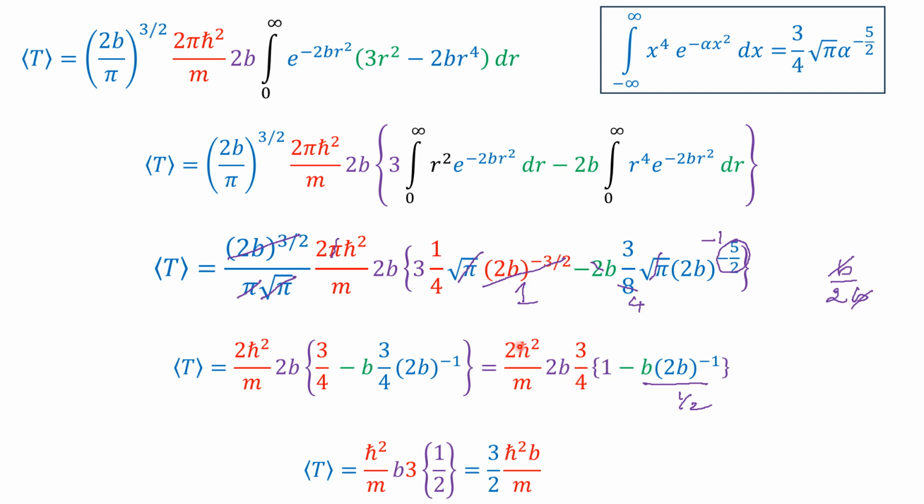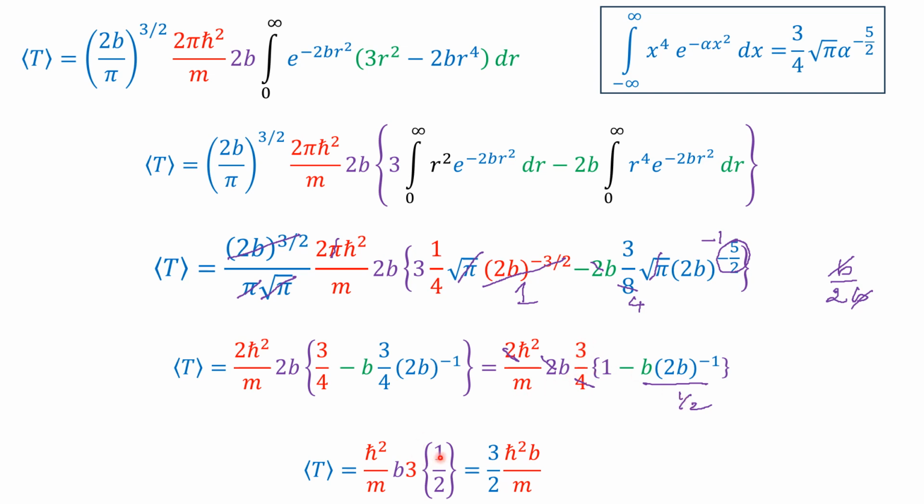So similarly, here you can see this 4 will get cancelled: this 2 into 2, 4 will get cancelled with this 4. So you will get 3 by 2 outside the bracket.